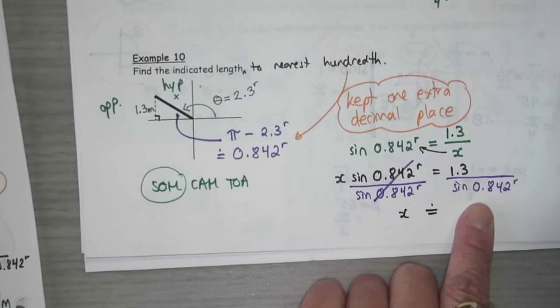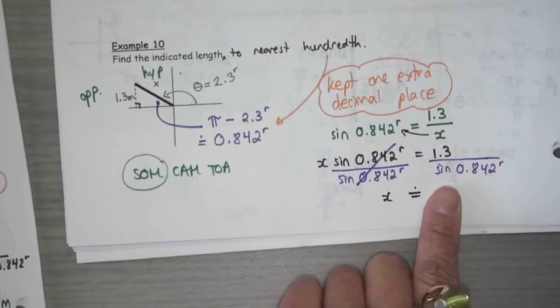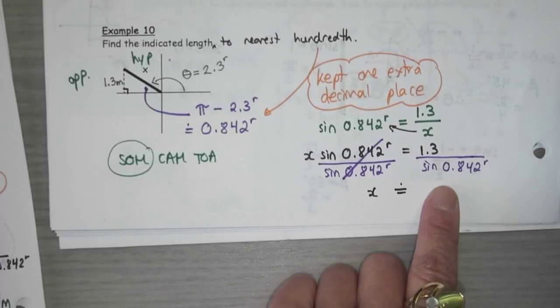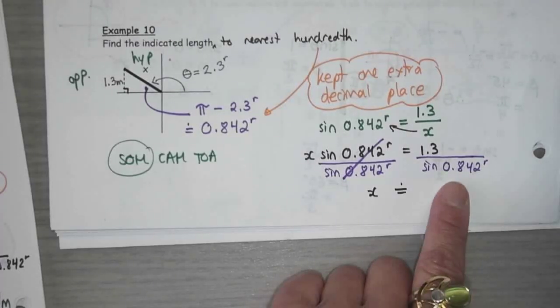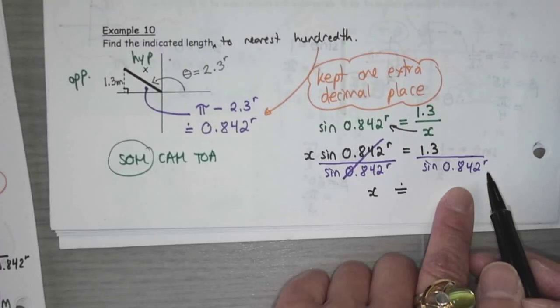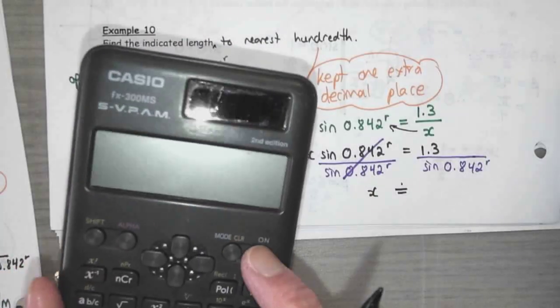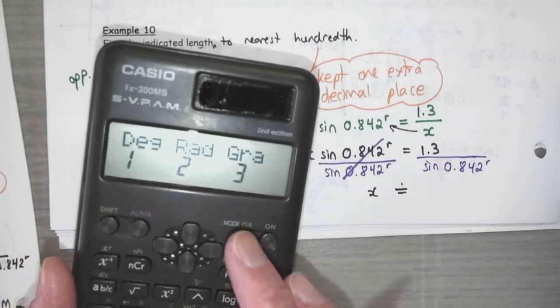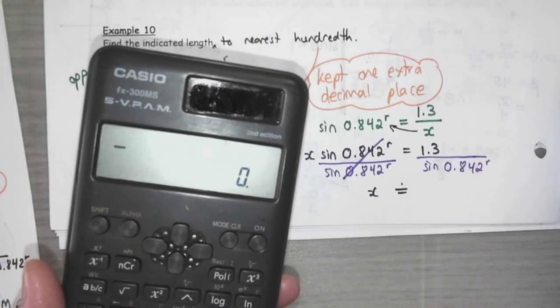Now, on your calculator, anytime you press sine, cos, or tan, you have to make sure you're in the right units. Is it degrees or radians? This is in radians. So on your calculator, make sure you switch it in mode from degrees to radians.